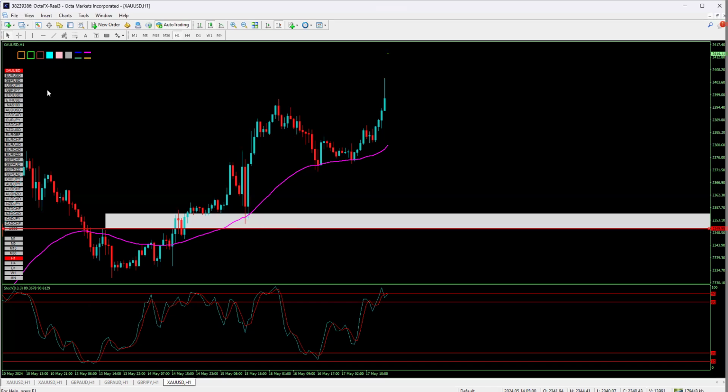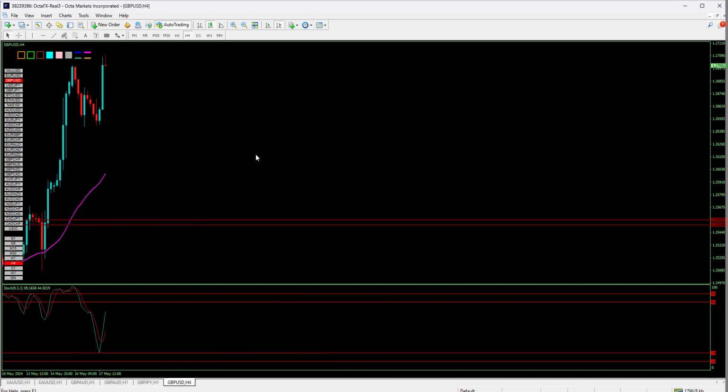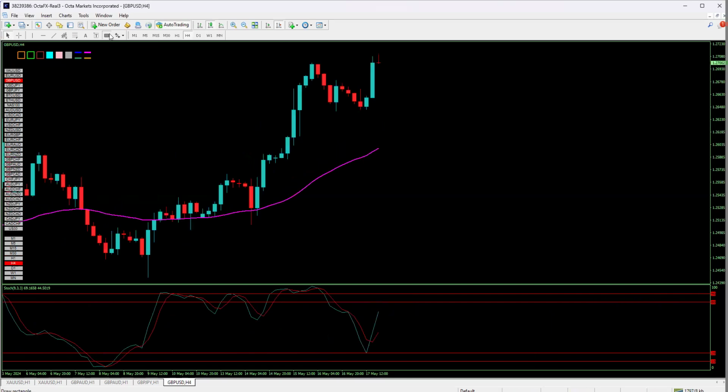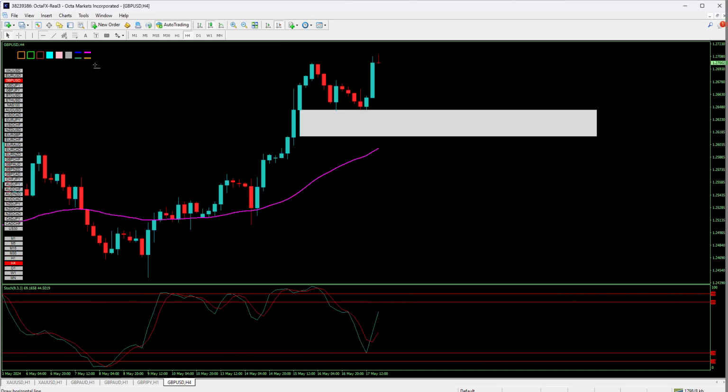It does not necessarily mean that it has to be only for this pair, you can use even GBPUSD. So let's say 4-hour time frame. In the 4-hour time frame, you can take any candle, the last candle. Let's take this candle right here. So let's say this was the candle, then we mark it like this.